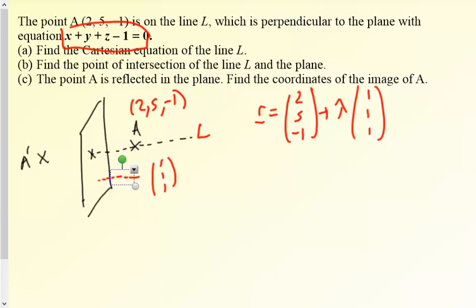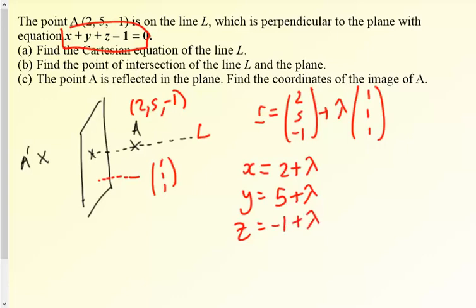It does actually ask us for the Cartesian equation of that line, so we just need to rearrange it. We could write r as x, y, and z, so we can have x equal to 2 plus lambda, y equal to 5 plus lambda, and z equal to -1 plus lambda.